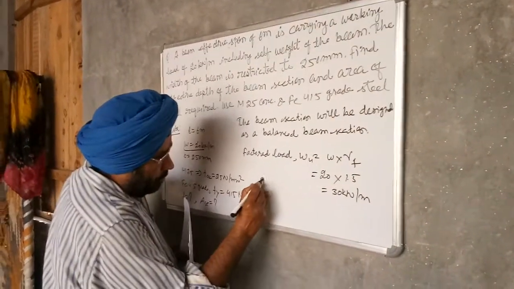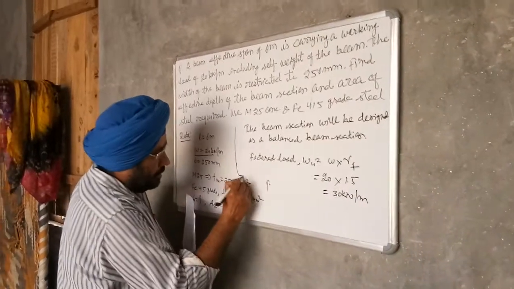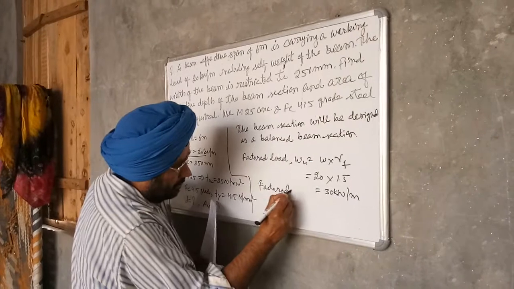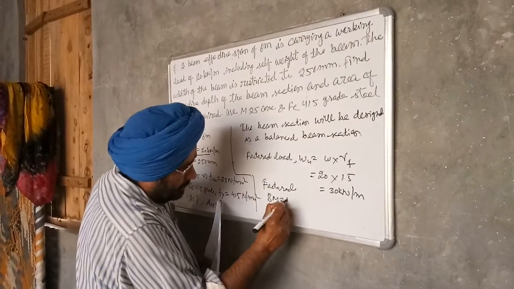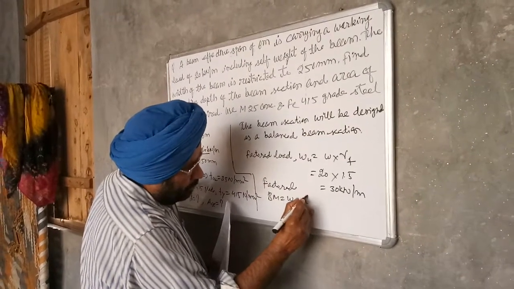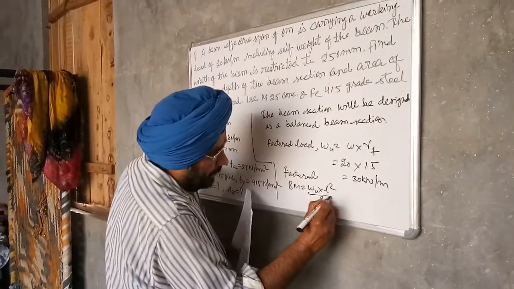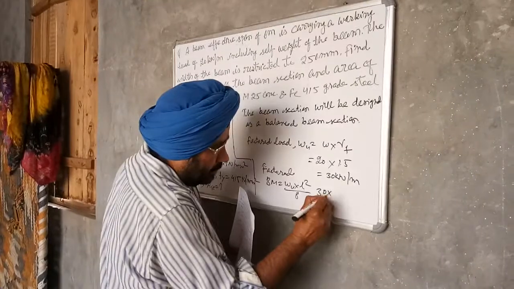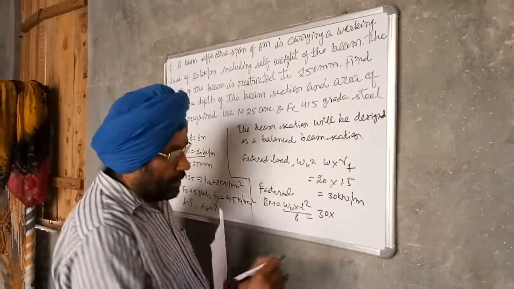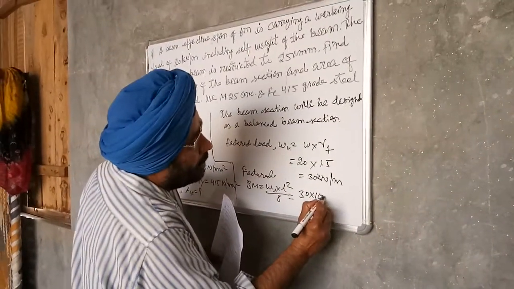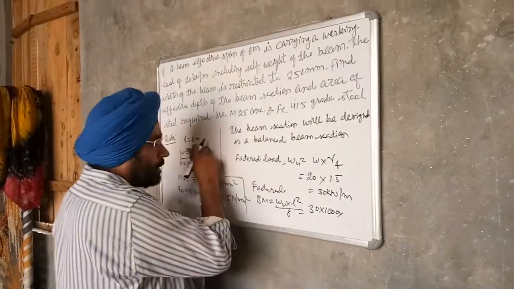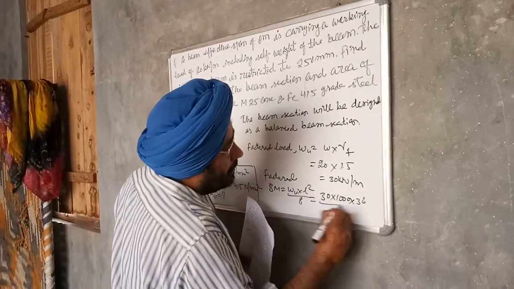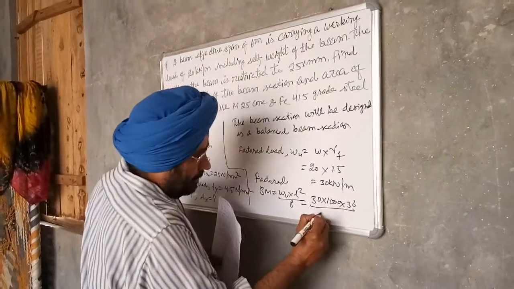So factored bending moment is Wu L square by 8. So 30 kilonewton per meter. To convert kilonewton into Newton, multiply by 1000. Effective span 6 meter, L square 36 upon 8.